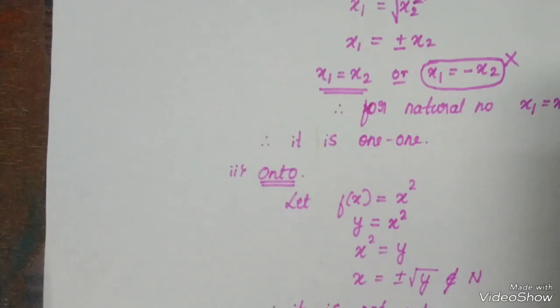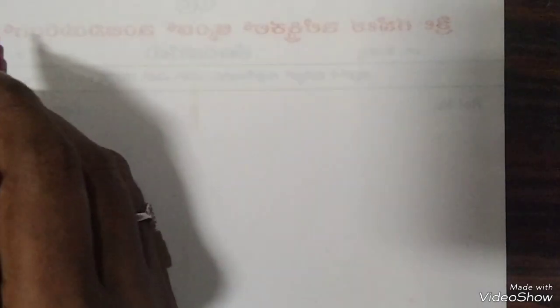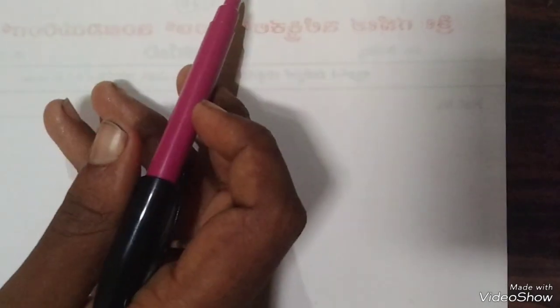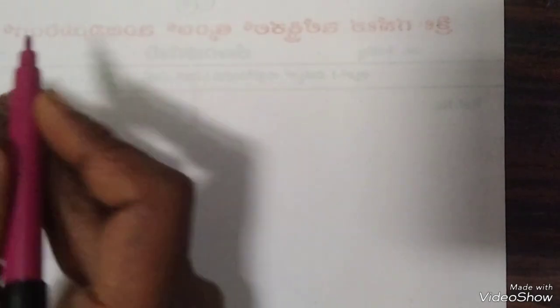Again check for the second condition. The function f from integers to integers given by f of x equals x square.